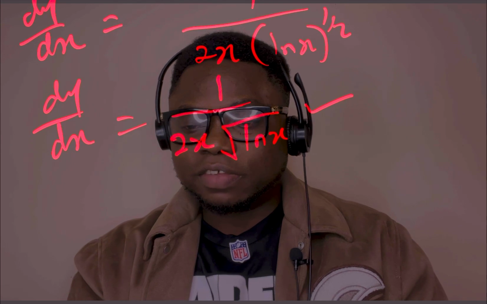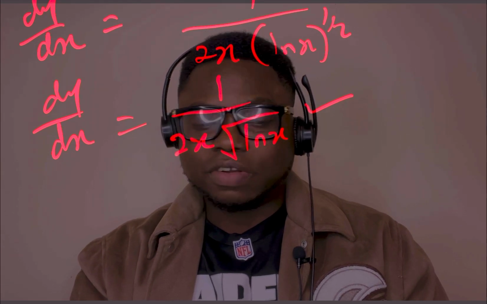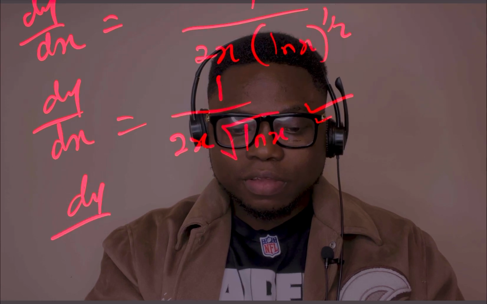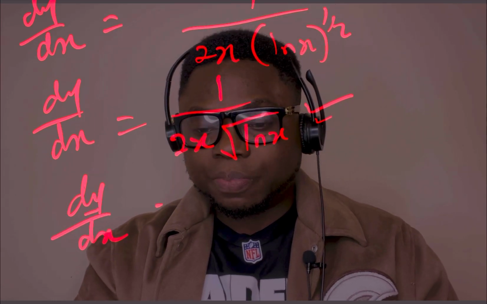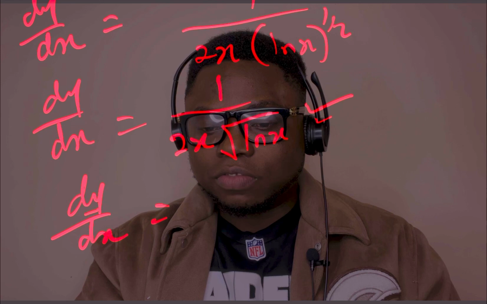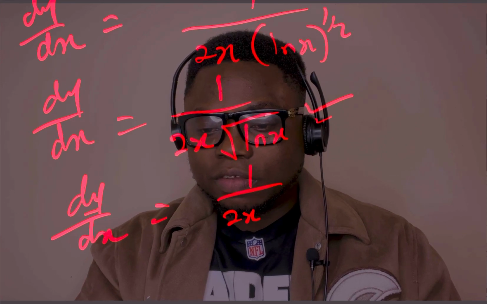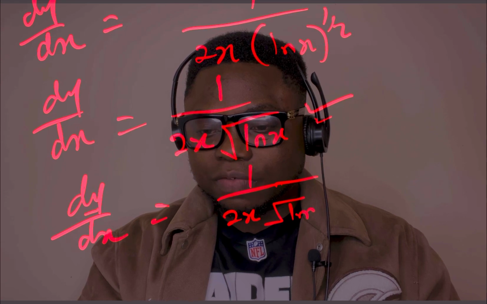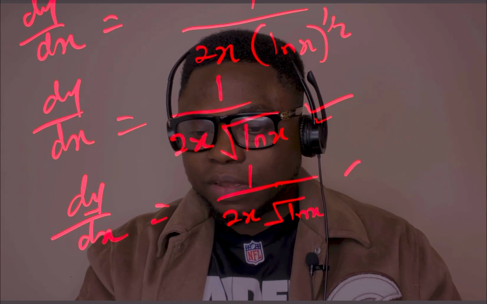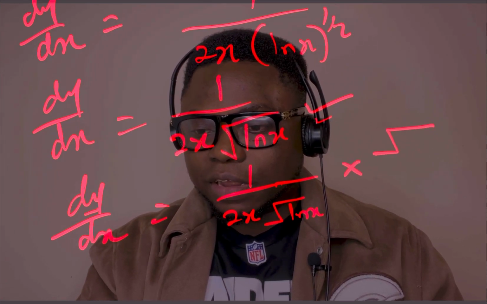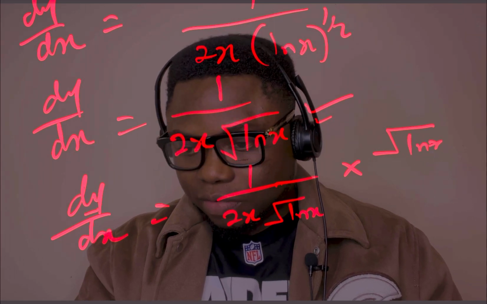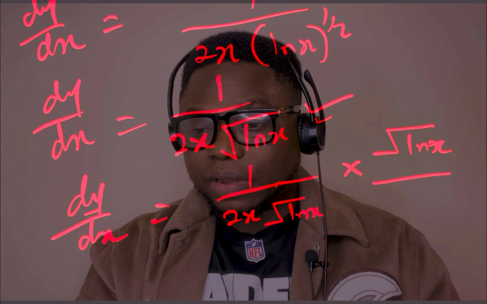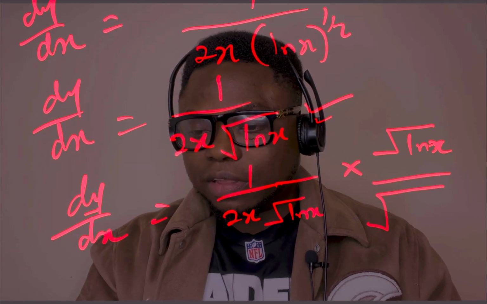If you leave the answer like this, it is still correct. Okay, going further, dy over dx is equal to 1 over 2x square root of ln x, multiplied by square root of ln x, divided by square root of ln x.